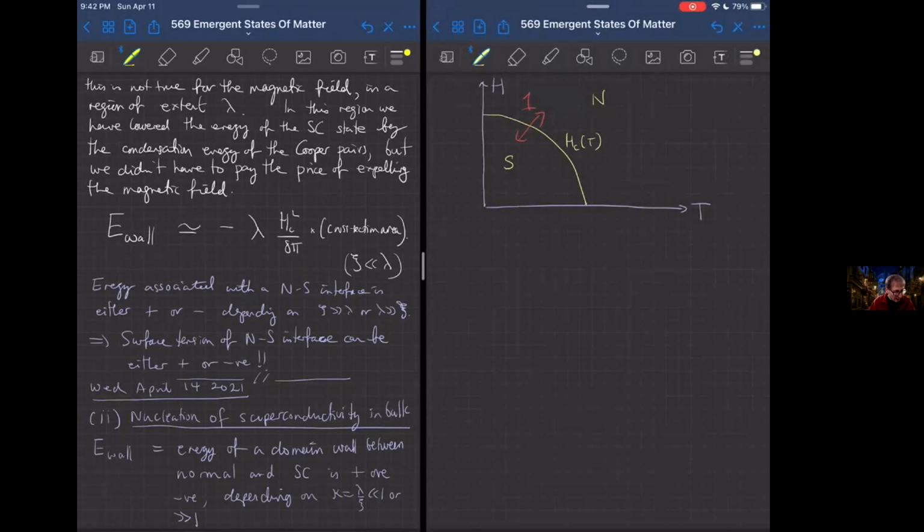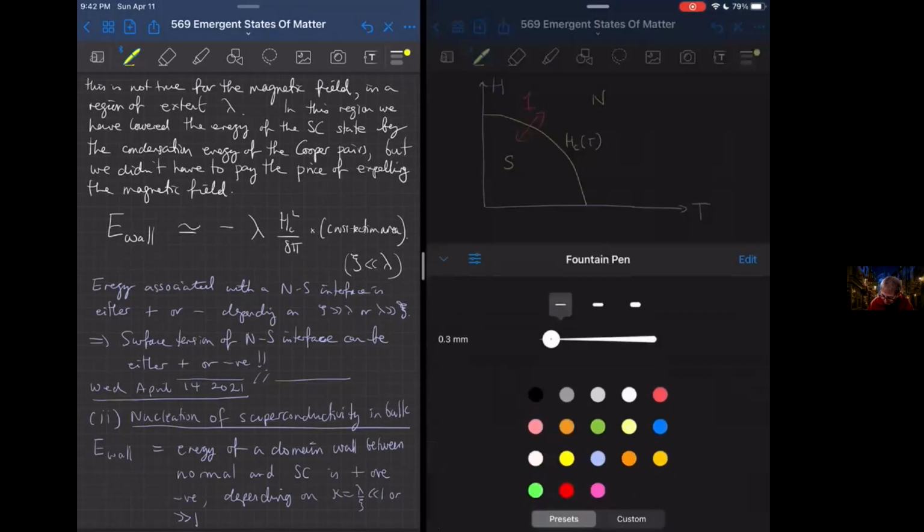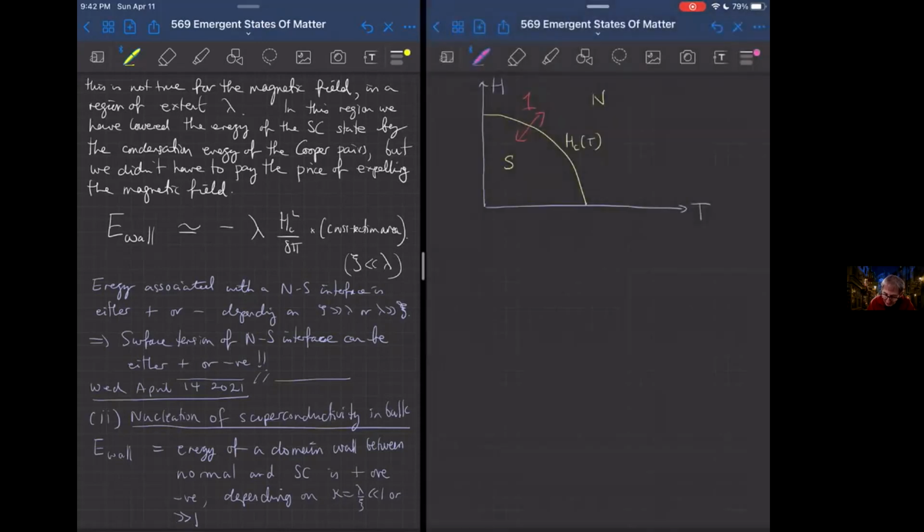And so we can ask what happens then as we vary the magnetic field and we go through the thermodynamic critical field. So let's imagine, if you will, that we ask what happens if we draw this line along here.